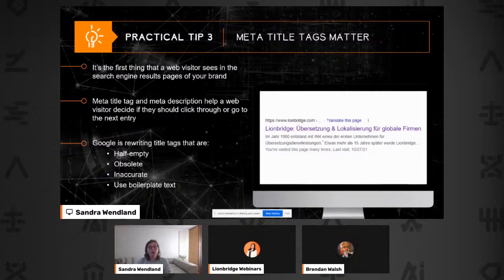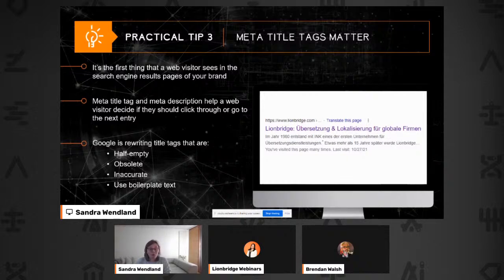If you go in and identify the main topic of the page, write a good summary, research the primary keywords, and make sure you're within those length limits. So it does pay to invest in writing those title tags that fit with what Google requires.